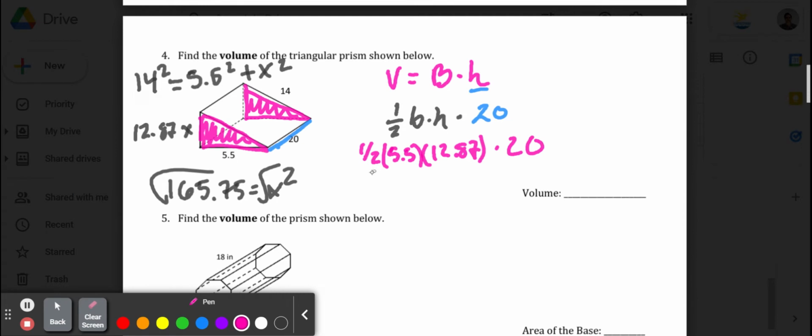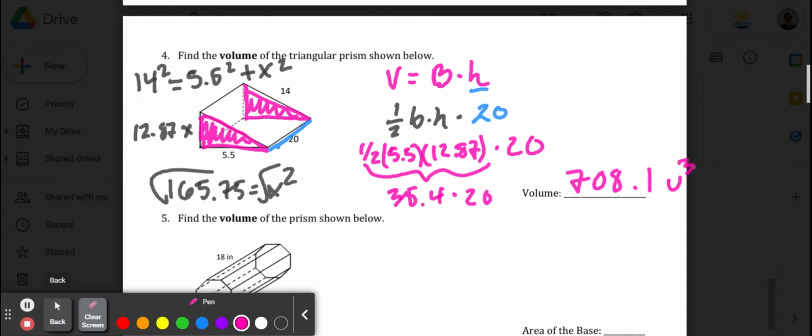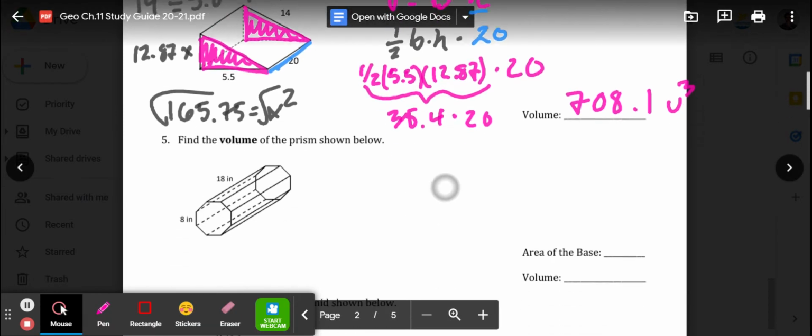So I get about 35 or so for this. So I got 35.4 about, but then multiply that by 20, and I should get about 708.1, and that's, again, cubic units. Okay.